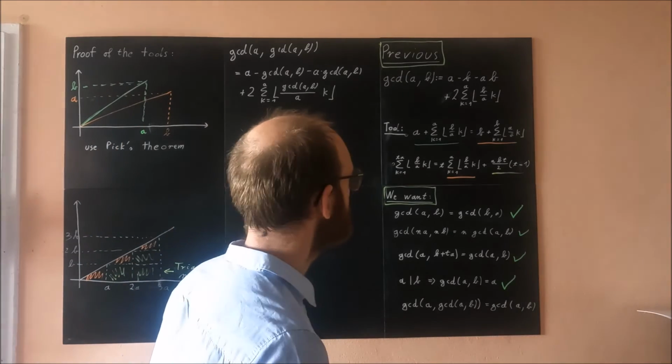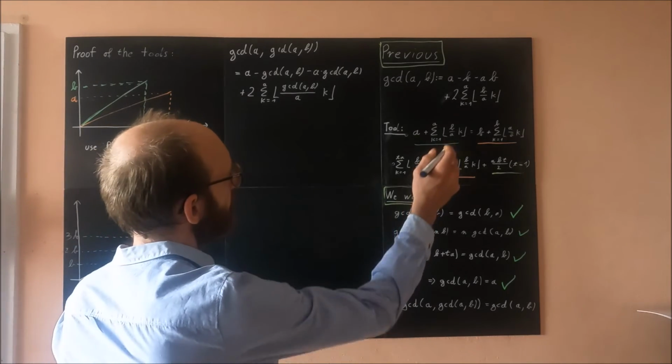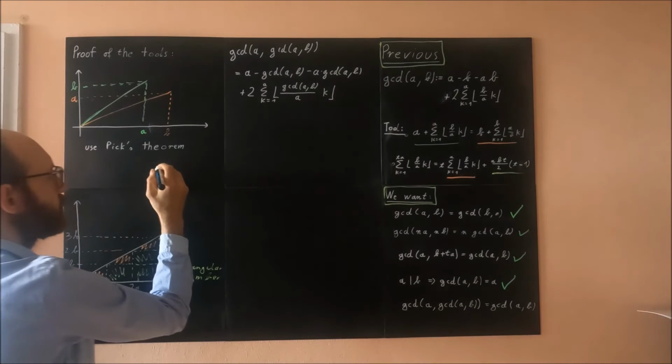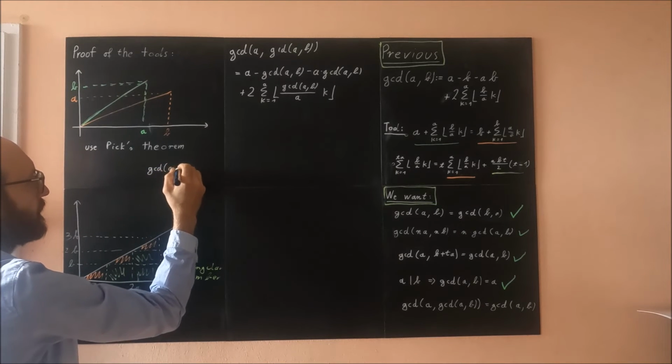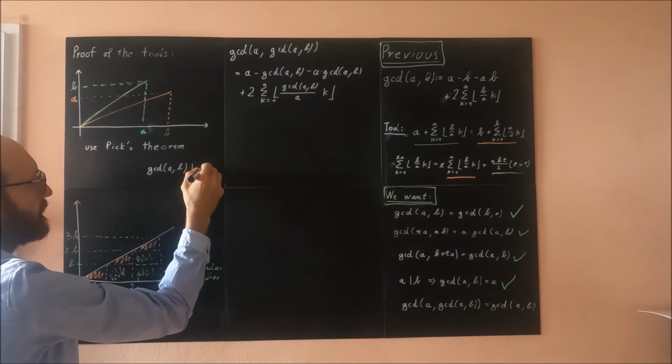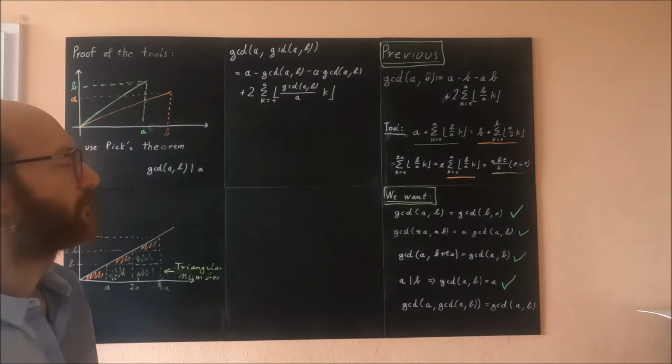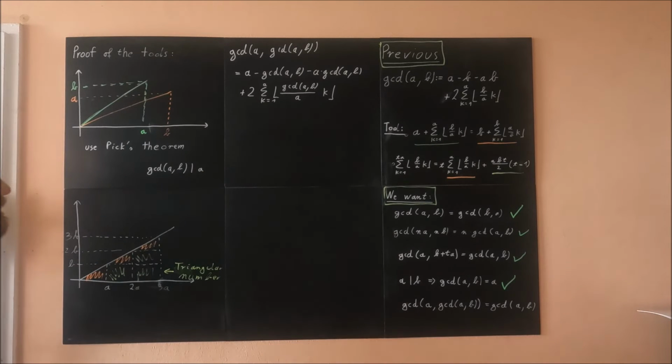You can try to prove this, and we make use of that the GCD of a, b divides a. It divides also b, but we only need it for a. So the GCD of a, b divides a.